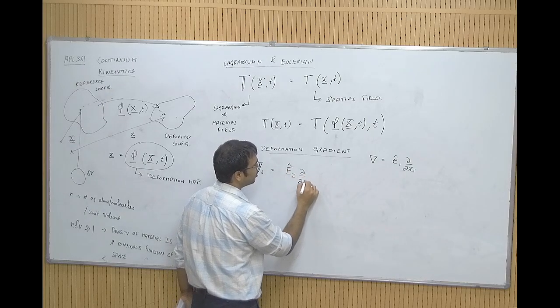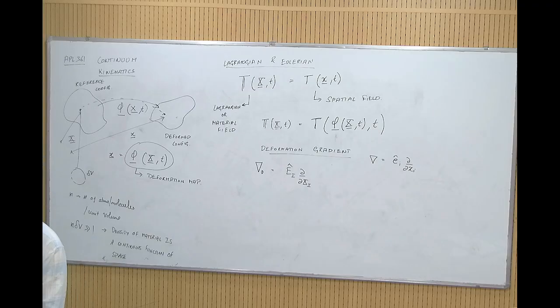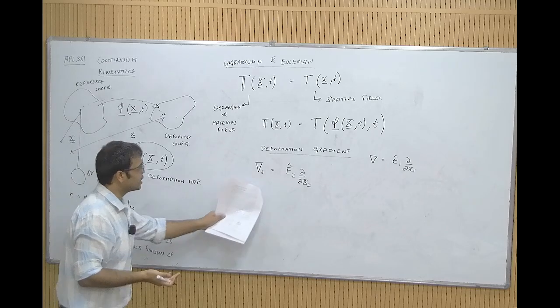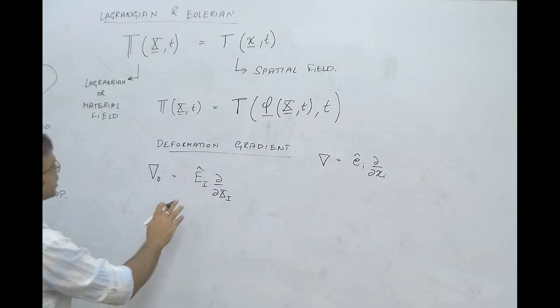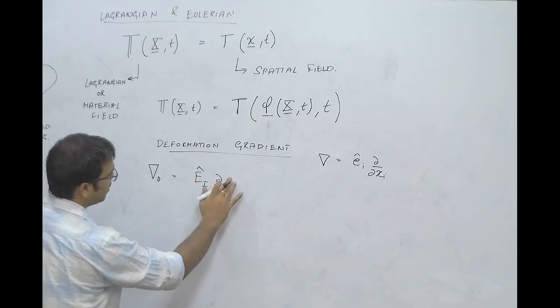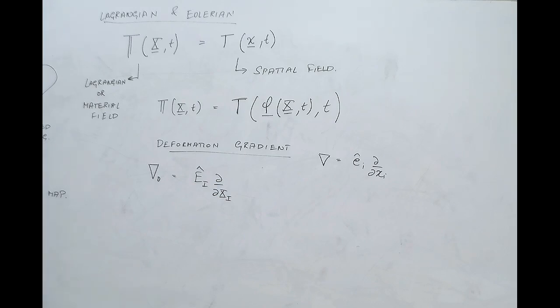I'm going to denote everything that has to do with material coordinates with block letters. So the basis vector that I'm using to express my material vector is capital E hat. They may be the same as small e hat. The only reason I'm writing them differently is to entertain the fact that they could be different. So capital E hat I del by del capital X of capital I. The index is also capital, just to make that differentiation.